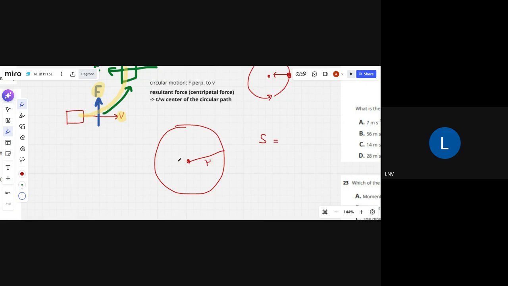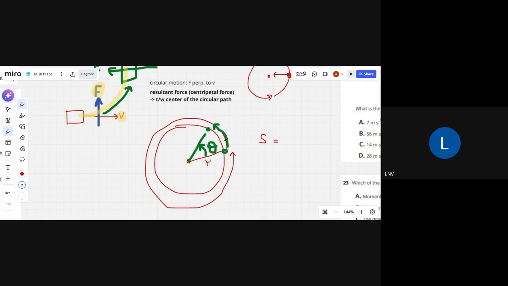Now, when you're moving in this circle, what you're essentially doing is sweeping some angle, right? Let's say you start at this point and you end at this point for now. So what you're doing is you are covering some distance s, but you're also sweeping some angle theta, right?